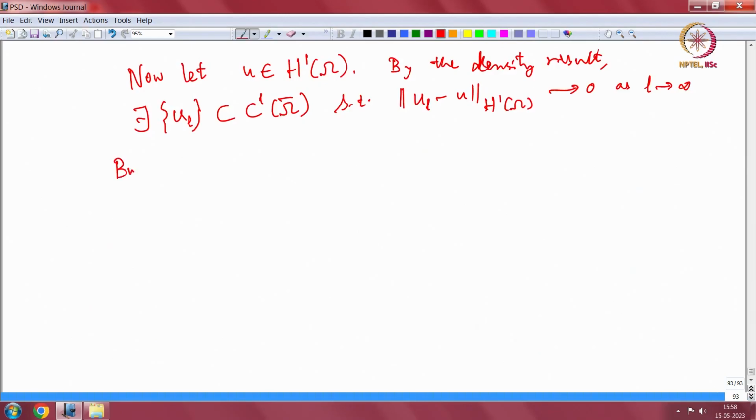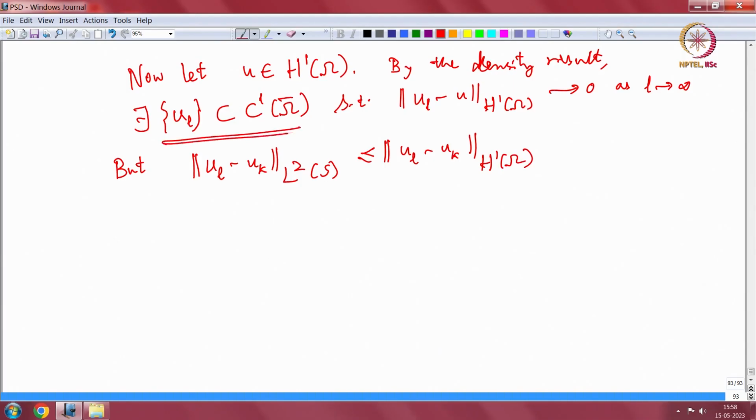Let me write that: the L2 of S norm of UL minus UK is less than or equal to a constant times the H1 omega norm of UL minus UK. This is because the ULs are all in C1 omega bar, but UL converges to U in H1 omega. So in particular it is a Cauchy sequence, so this goes to 0 as L, K tend to infinity.